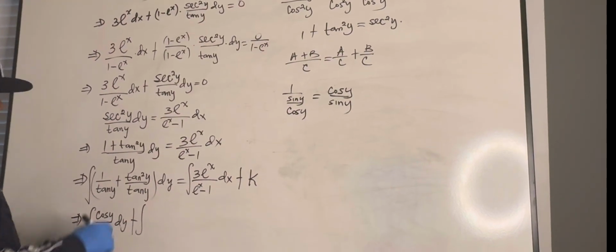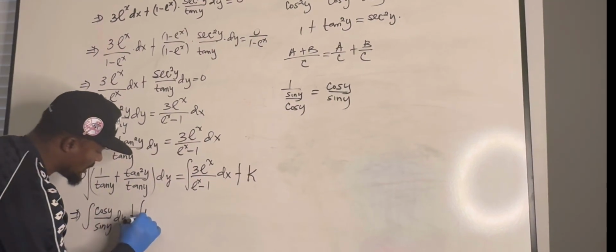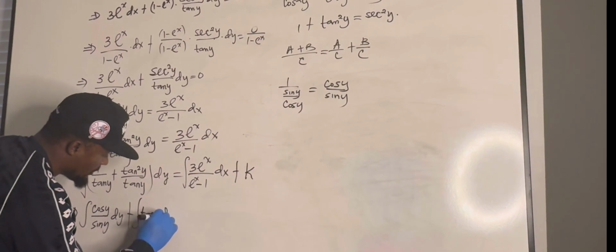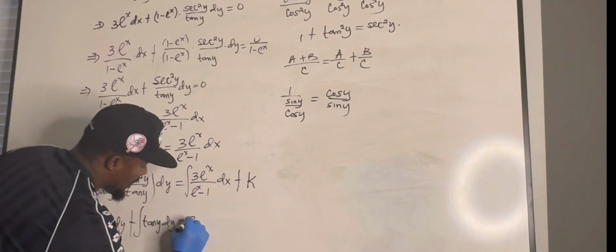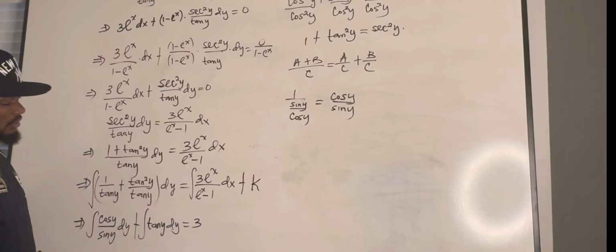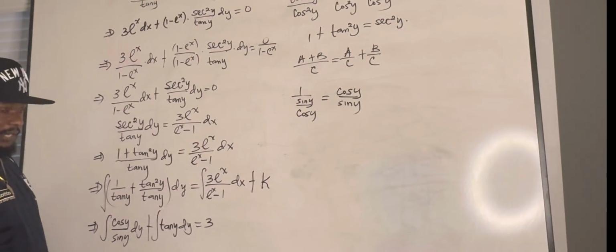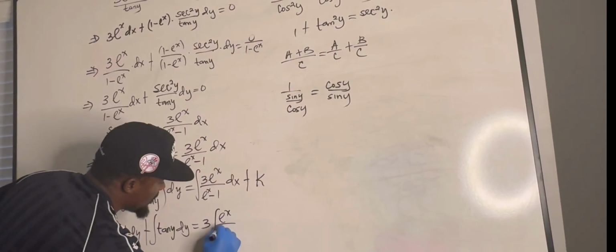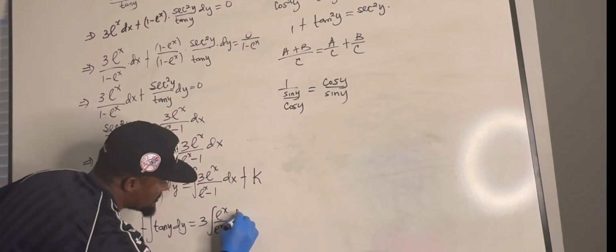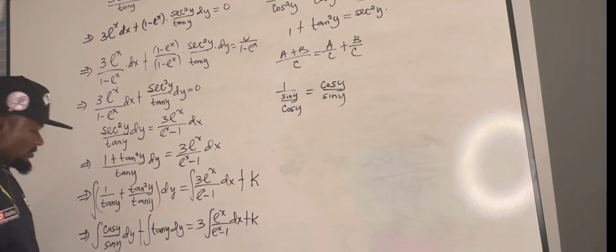The square cancels, and I'll have tan y dy equal to, I can factor out the 3 because it has nothing to contribute in the integrand, and I'll have e^x divided by e^x minus 1 dx plus k.